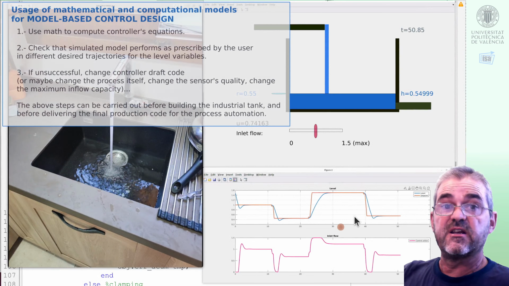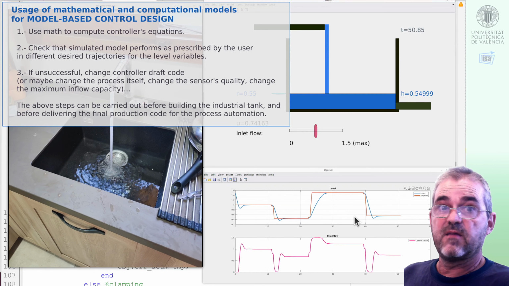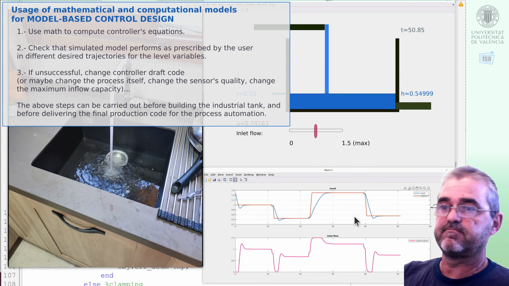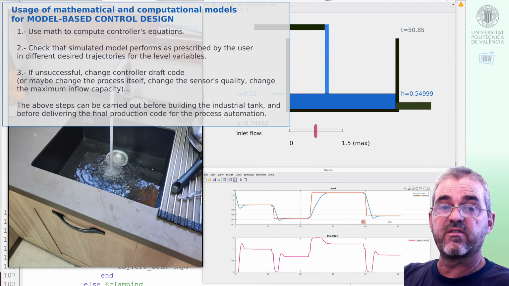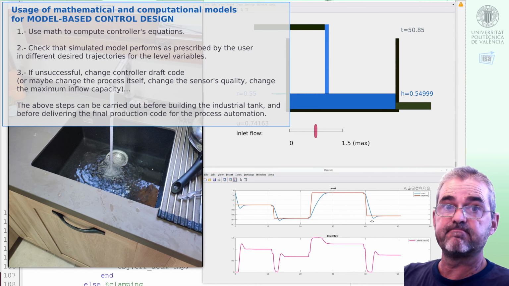Then simulation models can be used to test that control software so that we can check whether the level that the user wishes, this red set point, is reached in a particular time or in a particular way.